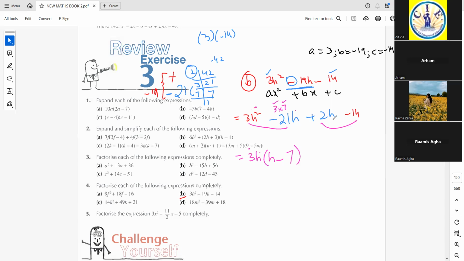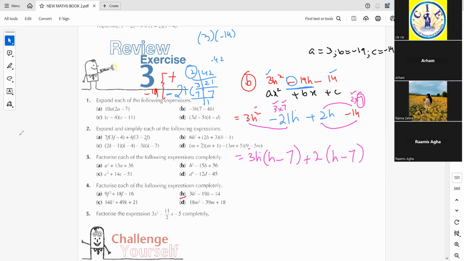Same goes for the next pair. Since this is a positive sign, I put a positive sign here. Then 2 can be taken common from these two. So h minus, since this 14 is actually 2 times 7. So we have already taken this 2 common and we are left with h minus 7.